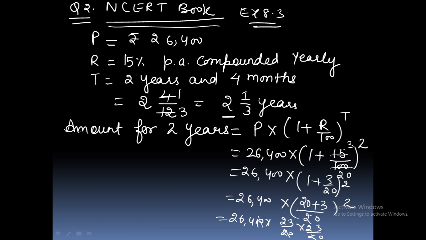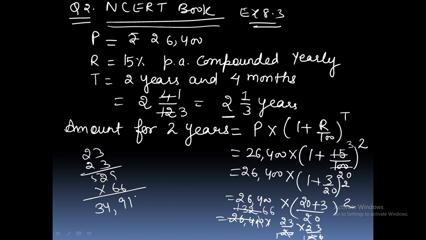0 cut with 0, and 2 ones are 2, 2 ones are 2, 2 threes are 6, 2 twos are 4. Then again 2 ones are 2, 2 sixes are 12, 2 sixes are 12. Now multiply 23 with 23, we get 529. Then multiply by 66 and we will get the amount 34,914.